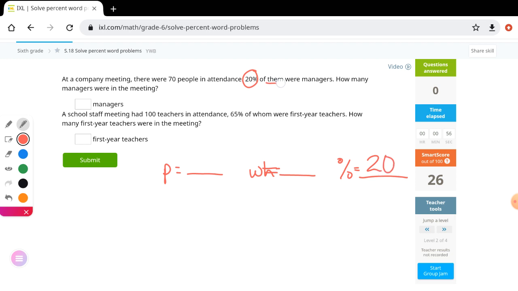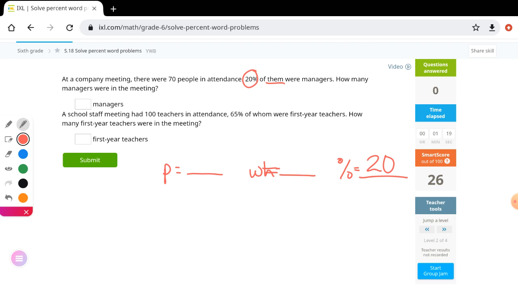Percent of whole. What is them referring to? Dane? Is it referring to the managers? At a company meeting, there were 70 people in attendance. 20% of them. Harper? It's referring to the people in attendance, okay? Are all of the people managers?